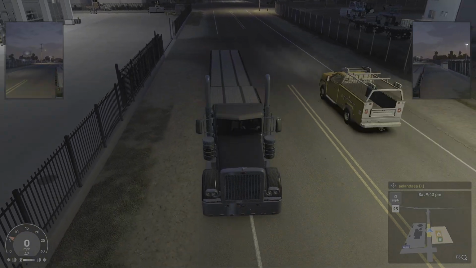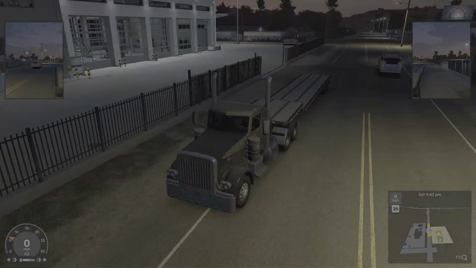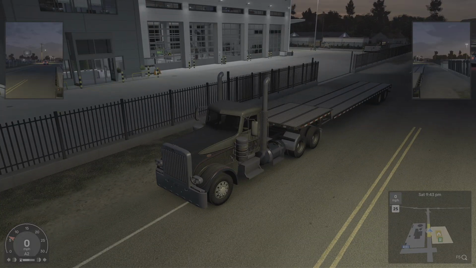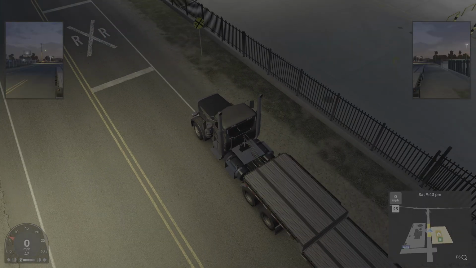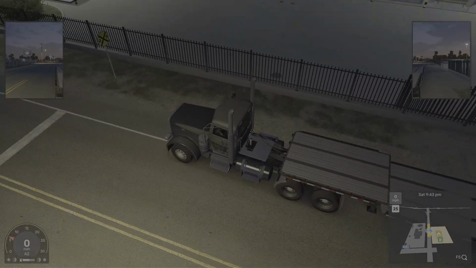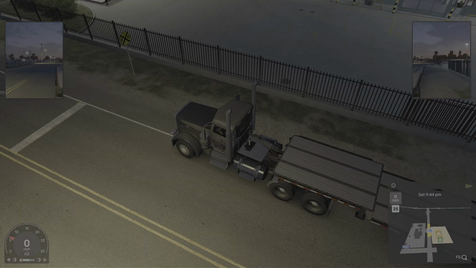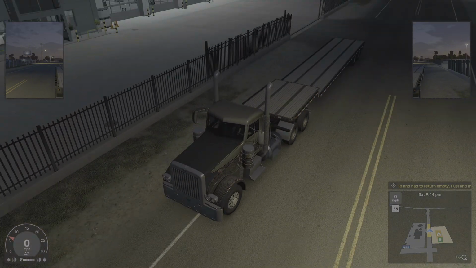Now the reason this works this way is because your rear tires are way out there, but your center point is over here in the middle of the front of that trailer, just a couple feet inwards, right between the tires there. That is your pivot point.